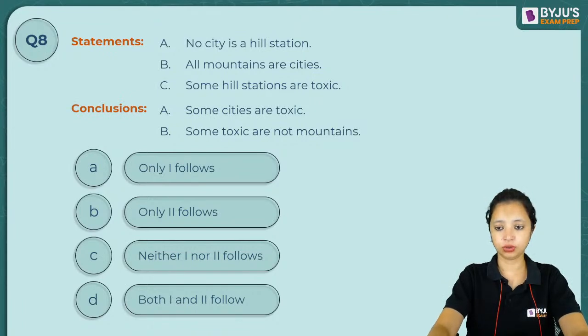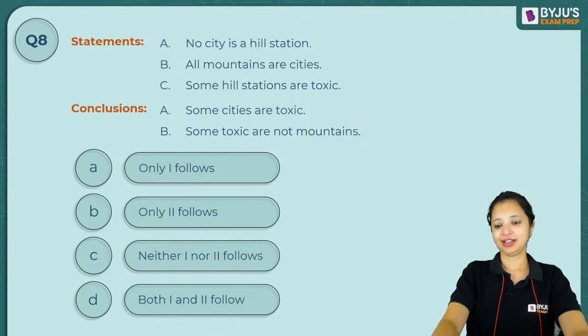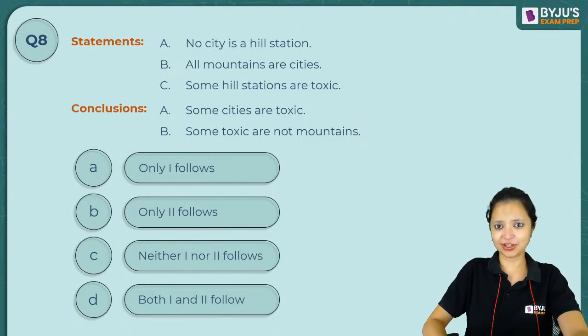Only two? Okay. Only two? C? C is neither. Who says neither? Vishwas says neither. Okay, Vishwas. All right. Only two. Okay, let's look at the diagrams, okay?